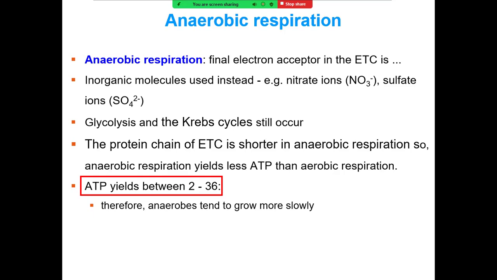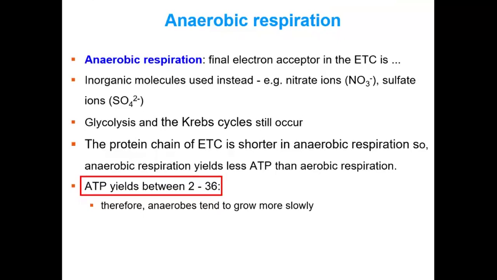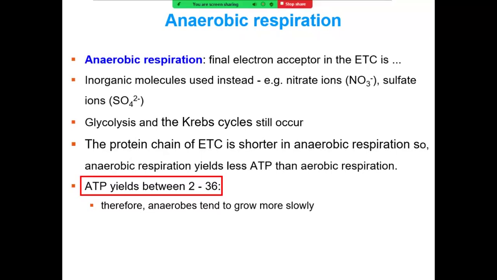Anaerobic respiration usually has glycolysis, the Krebs cycle, and the electron transport chain. However, the electron transport chain for anaerobic respiration is shorter than for aerobic respiration, and so the amount of ATP you make is less than the ATP that's made in aerobic respiration.